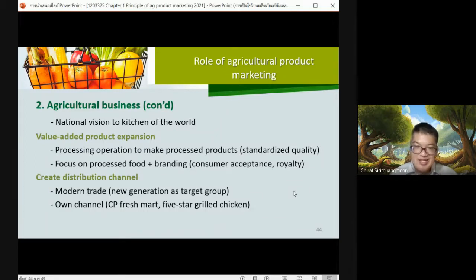Normally in the past, agricultural products were sold just in the fresh market. But for now, you can get fresh agricultural products in 7-Eleven, in Lotus, or in other convenience stores. And sometimes some producers have their own channels as well. They have their own shops, like CP Fresh Mart that just sells products from Charoen Pokphand, or CP, or Five Star Grilled Chicken, which has shops for selling the products by themselves.